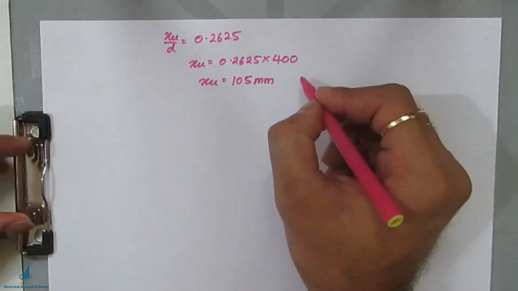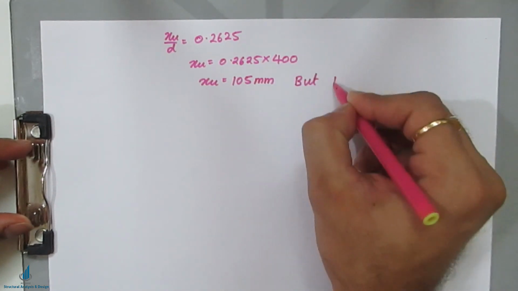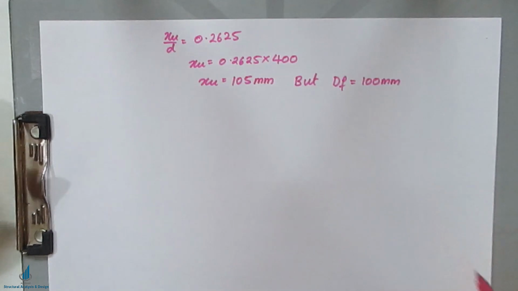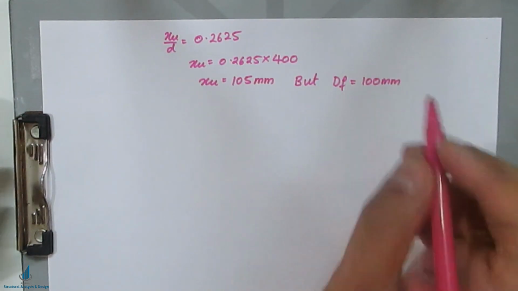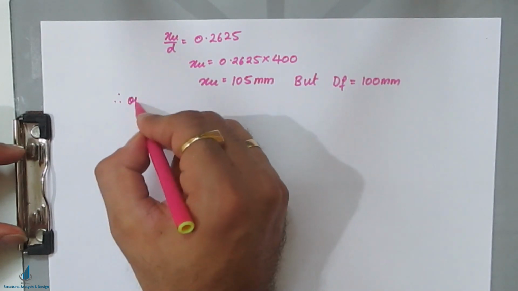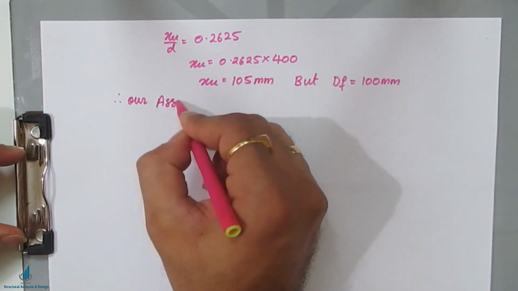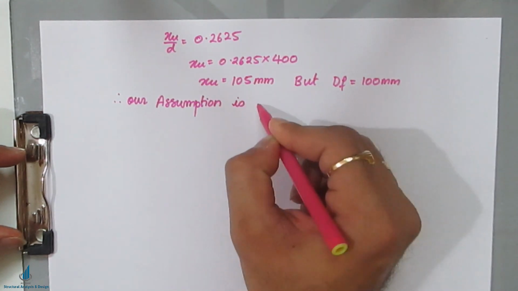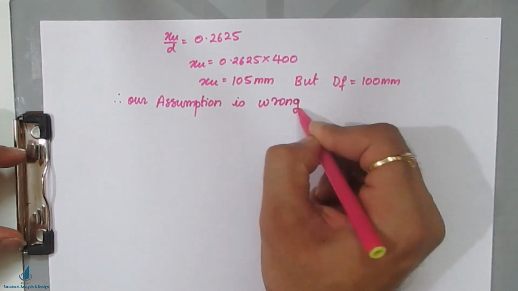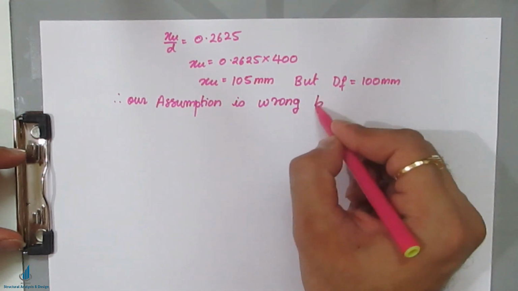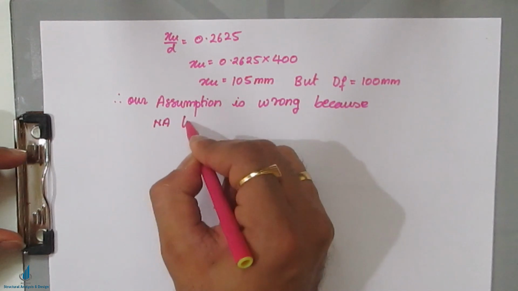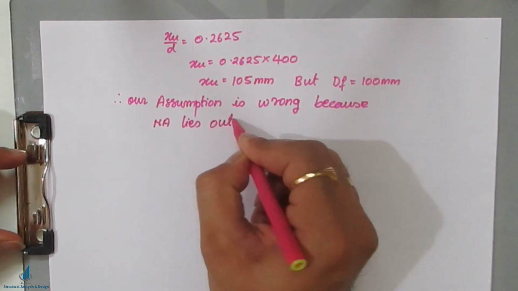But Df equal to 100 mm. The depth of the flange was 100 mm. So what it means, our assumption is wrong, because the neutral axis lies outside the flange.